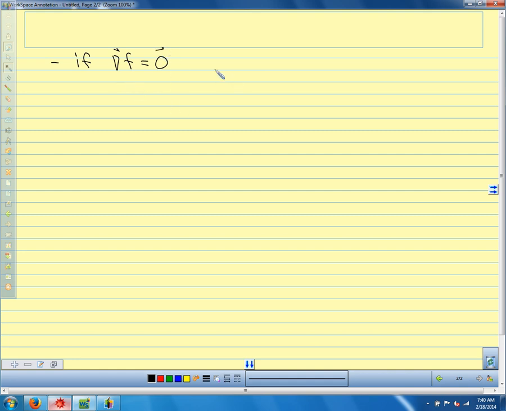If our gradient is 0, then our directional derivative for all unit vectors, for any direction, is 0. That's kind of what we just talked about right at the top of that surface. It doesn't matter which direction we go, our directional derivative is 0 because it's essentially flat up on top there.